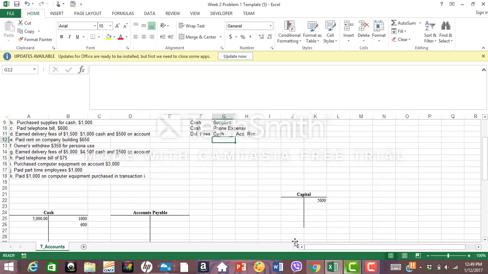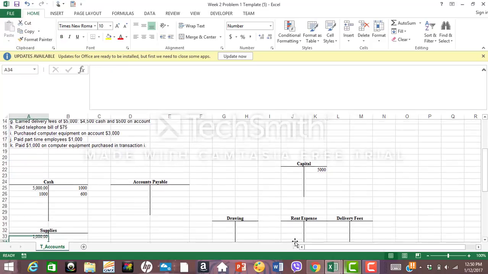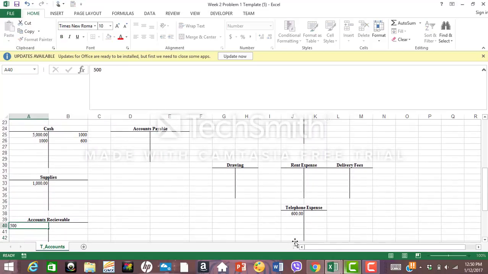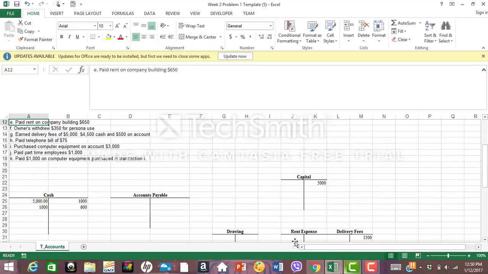So we're adding $1,000 to cash, and an extra $500 to account receivables, and our revenue would be $1,500. This $1,500 on the credit side equals our debits, 1,000 plus 500, which is $1,500.